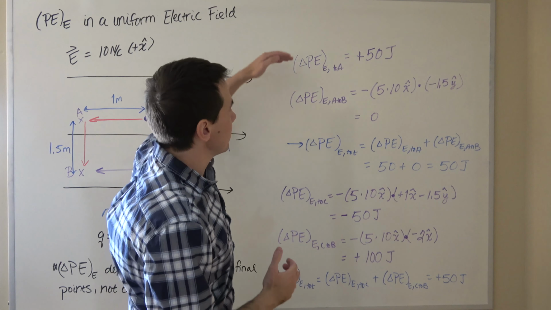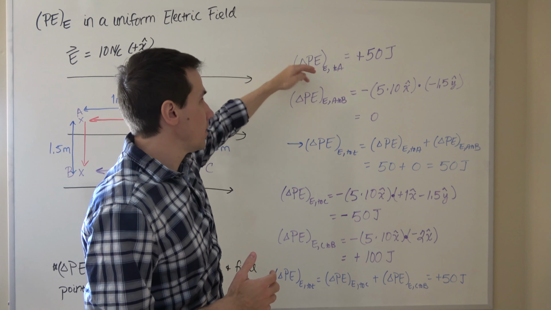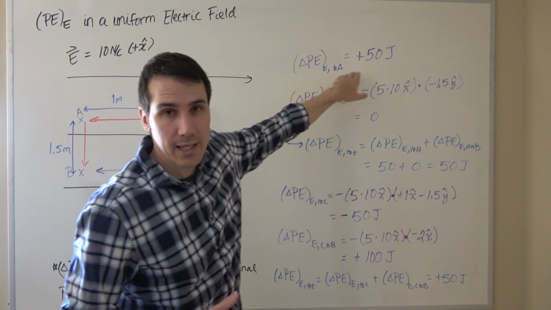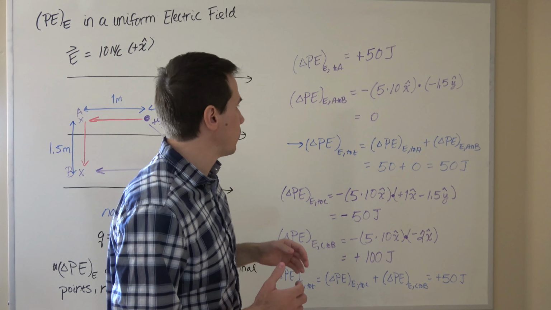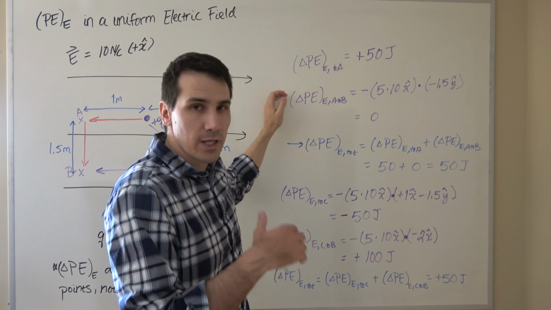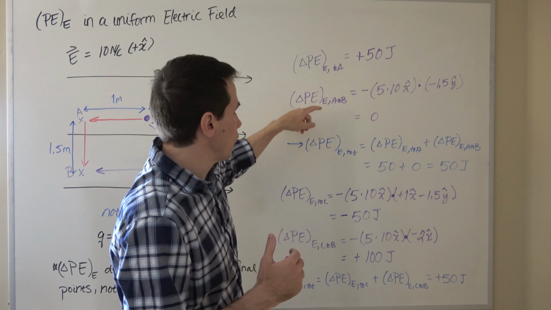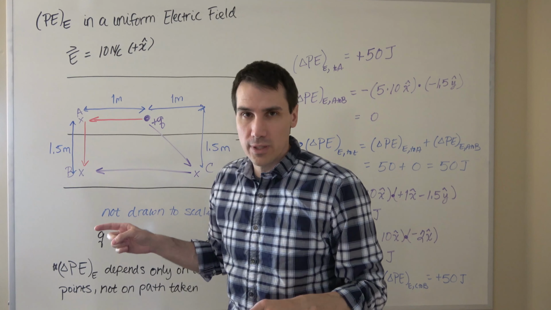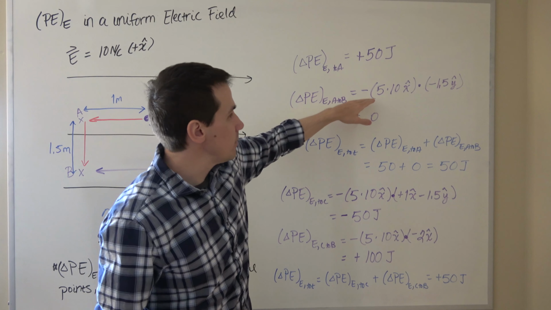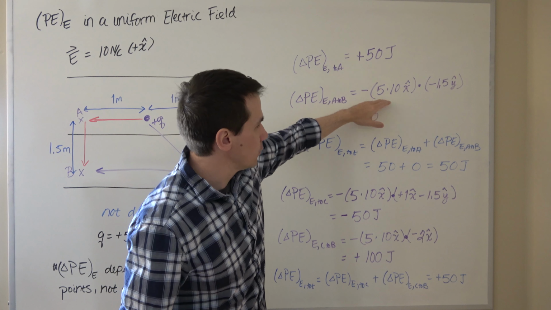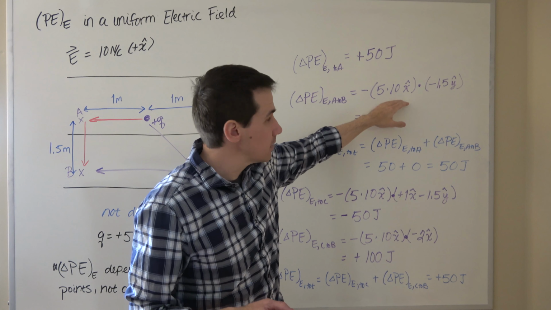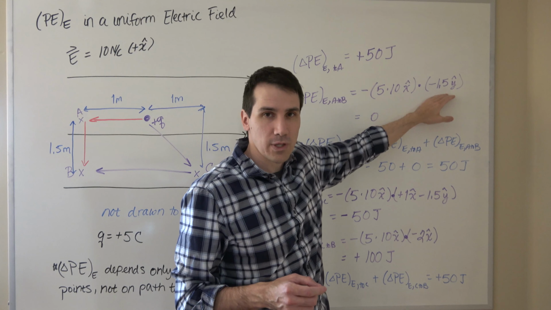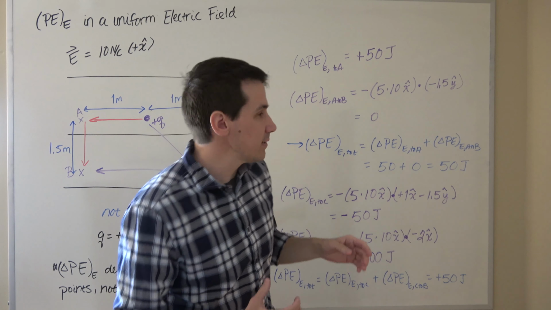So we can say that the change in potential energy from my starting point to point A is 50 joules, as we found before. The change in potential energy as I move from point A to point B, the second leg of my journey, is going to be negative charge multiplied by field dotted with my displacement. My displacement is only in the y direction.